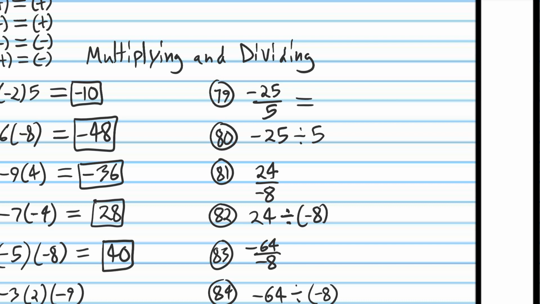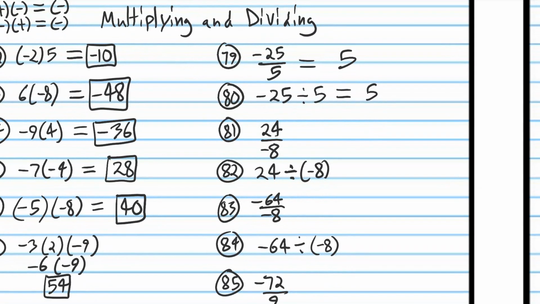So what we have to do, the division works the same way that multiplication does. You just do the division problem. 25 divided by 5 is 5. No big deal. You just have to figure out what the sign is. And that's the same thing as saying negative 25 divided by 5 with the original notation that we used to use. 24 divided by 8 is 3.